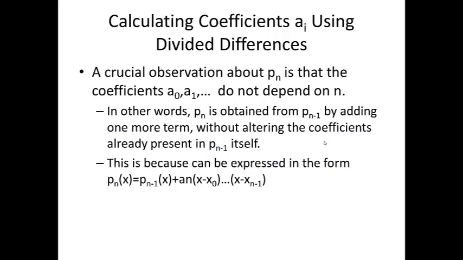In other words, P_n is obtained from P_{n-1} by adding one more term without altering the coefficients already present in P_{n-1} itself. This is because it can be expressed in the form P_n of x is equal to P_{n-1} of x plus a_n times (x minus x_0) all the way out to (x minus x_{n-1}).